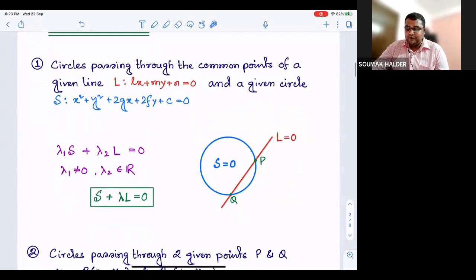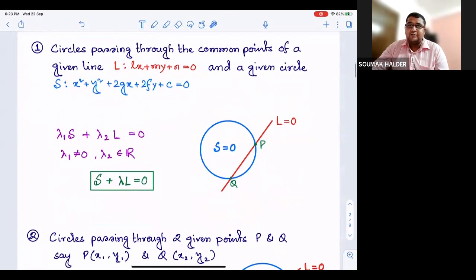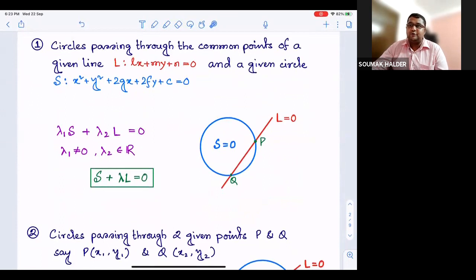So when we move to the next category, circles passing through two given points P and Q, say P has coordinate x1 comma y1 and Q has coordinate x2 comma y2, then we can again search for a reference circle S is equal to 0 and a reference line L is equal to 0. If we are able to get so, we can again represent the family of circles as S plus lambda L is equal to 0.